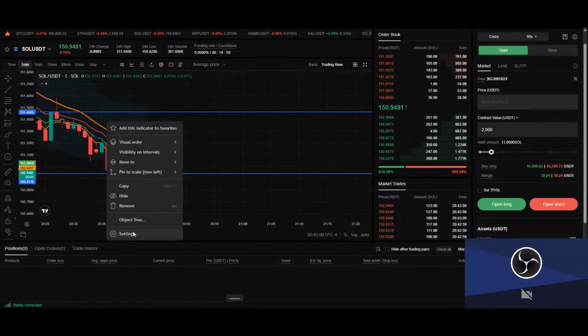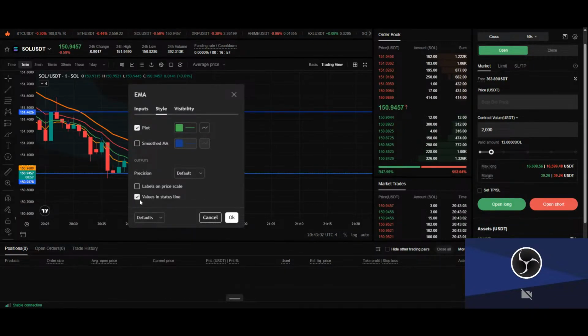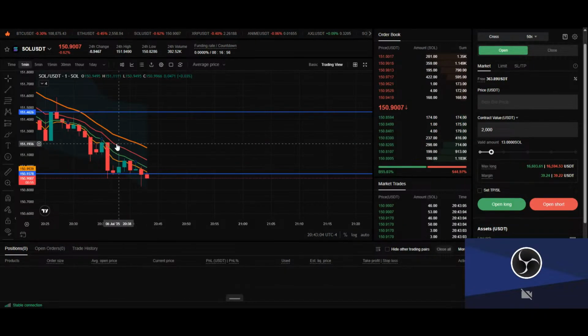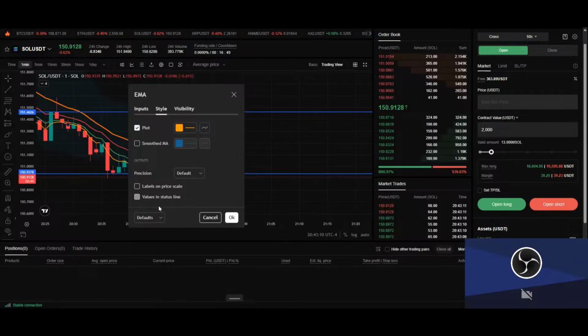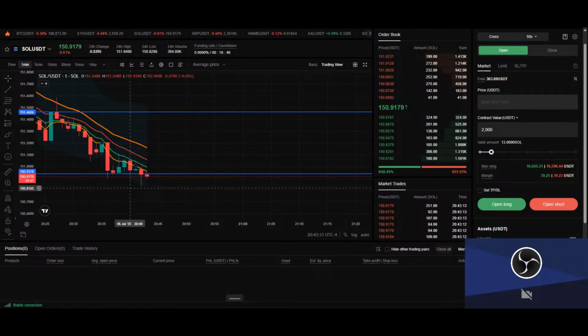Just makes my stuff too cluttered, so I always pull these things off. Where's my last one? Alright, I don't need all those prices. I like to know, we're having a breakout down here. So I like to know my tops and bottoms.